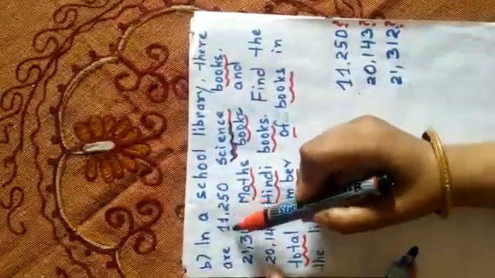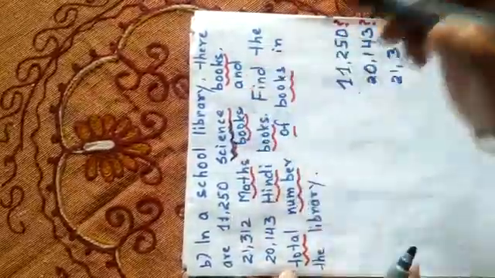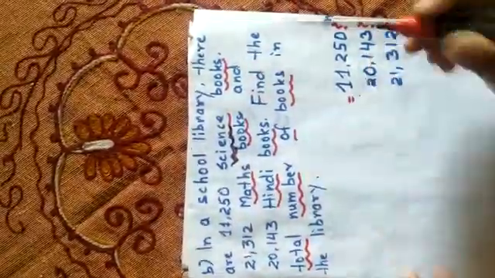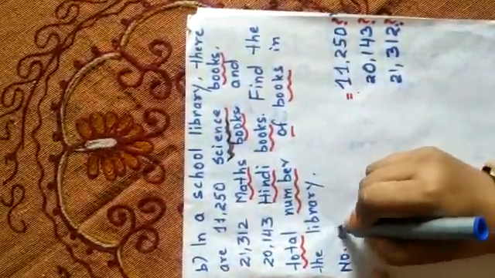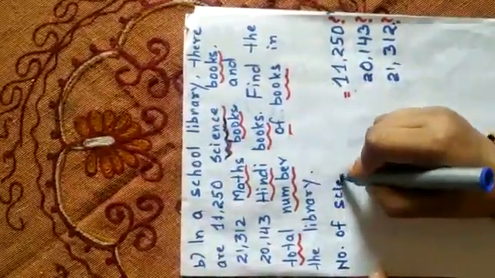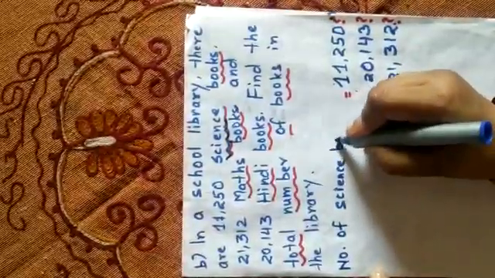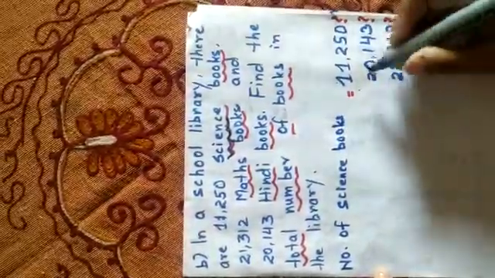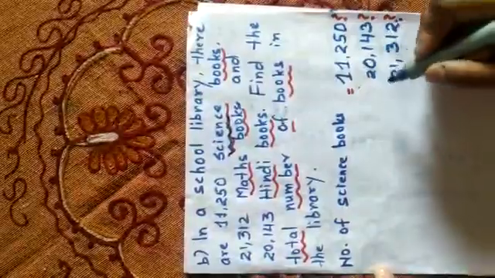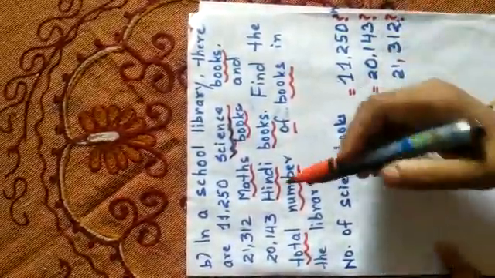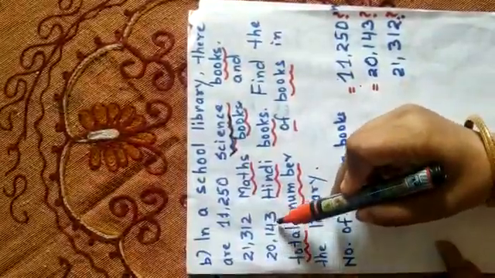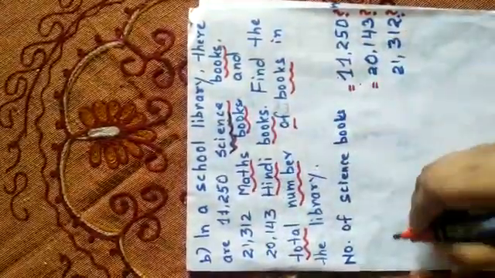11,250 science books. So the number of science books is 11,250. Now what is 20,143? 20,143 Hindi books.